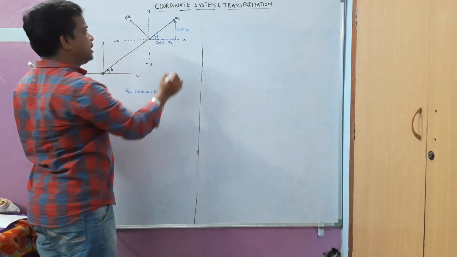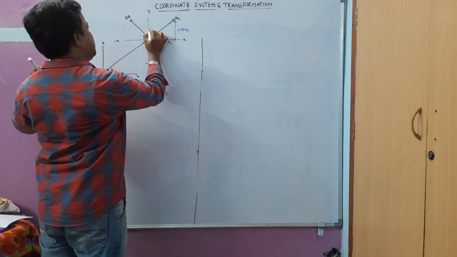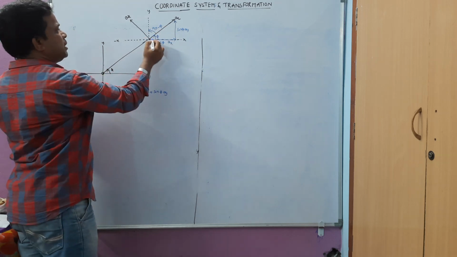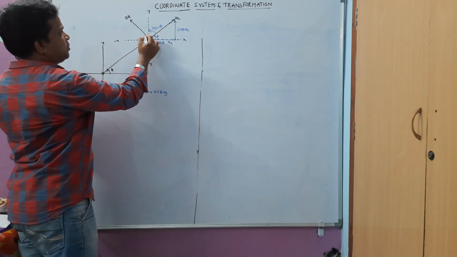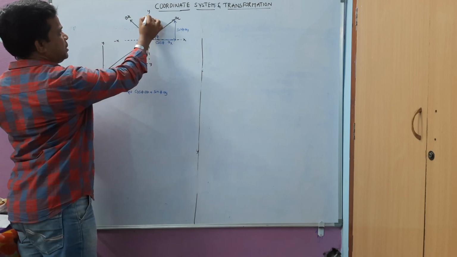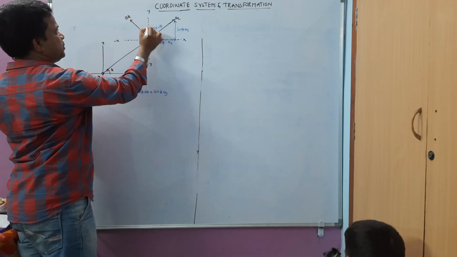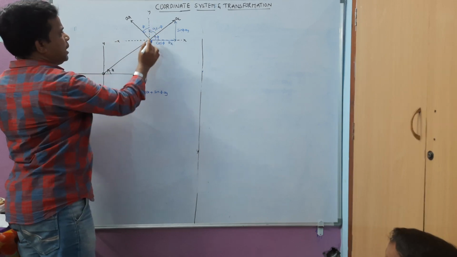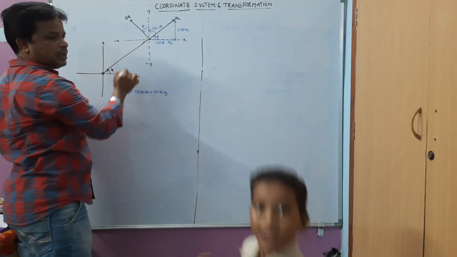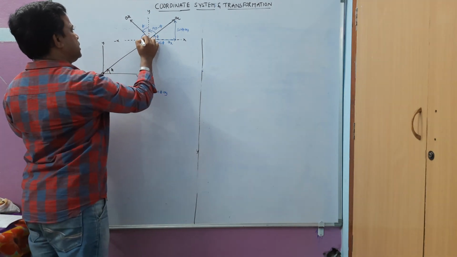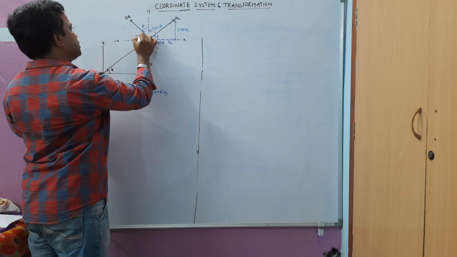Now this x axis and y axis are perpendicular to each other, the angle is 90 degrees, and this angle will be 90 minus phi. Similarly, as this is making phi, this y axis is also making phi. Now as y and x are perpendicular, I can get here 90 minus phi.